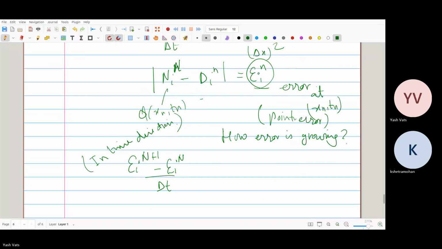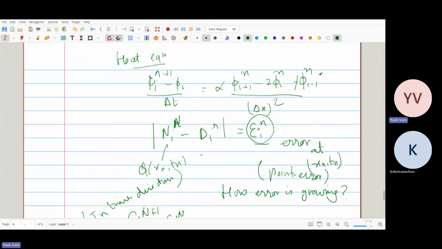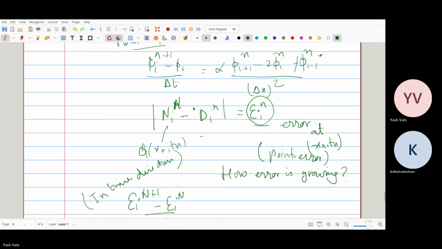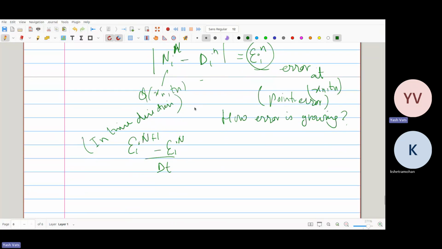If you subtract it here, you get a similar type of equation, which is alpha times (epsilon_(i+1)^n minus 2 epsilon_i^n plus epsilon_(i-1)^n) divided by del x square.